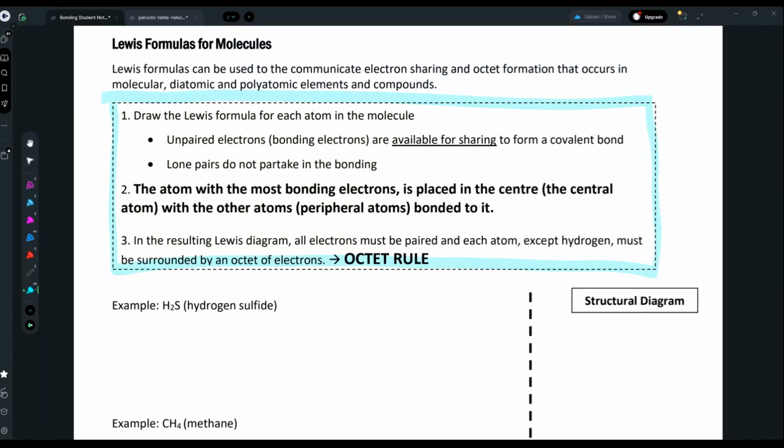So you always place the one with the most bonding electrons in the middle of all your other atoms, and in the resulting Lewis diagram, all electrons must be paired, and each atom, except for hydrogen, must be surrounded by an octet of electrons, so 8 electrons, which is following the octet rule, and it just means that in order for an atom to become stable, it has to have a full outer valence orbital.